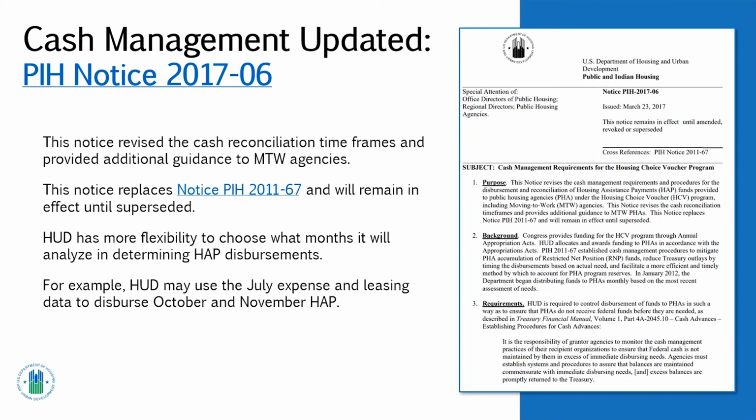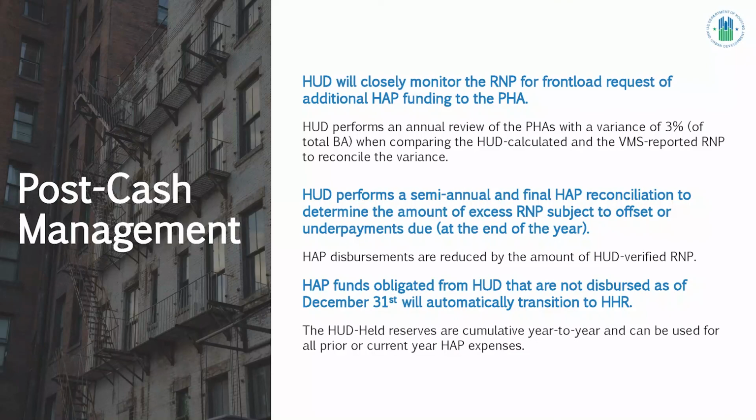HUD now has more flexibility to choose what months it will analyze to determine HAP disbursements to PHAs. For an example, HUD may use HAP expense and leasing data to disperse October and November HAP funding to PHAs. HUD will closely monitor the restricted net position for front-load requests of additional HAP funding for the PHA.